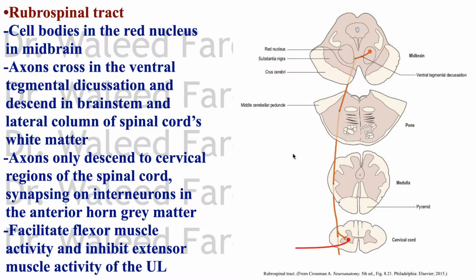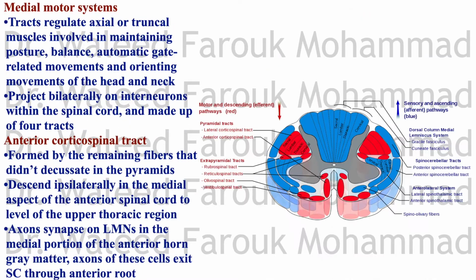They facilitate flexor muscle activity and inhibit extensor muscle activity of the upper limb. This is the rubrospinal tract and where it descends in the spinal cord, adjacent to the lateral corticospinal tract.